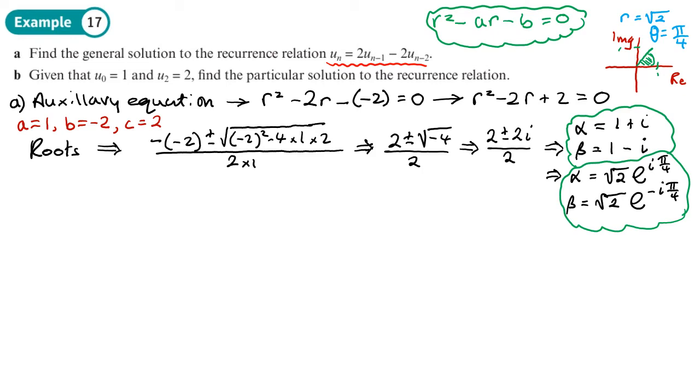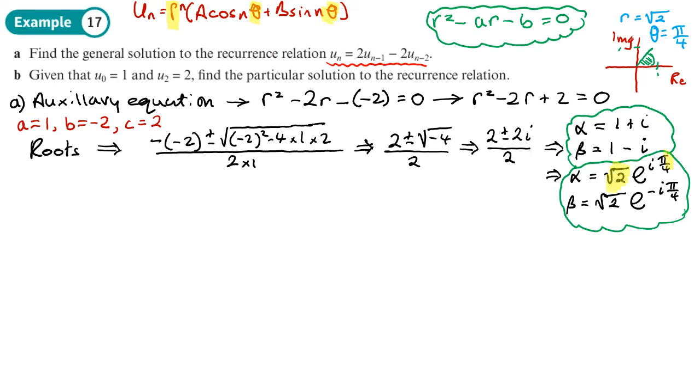Before we put our general solutions down, just a reminder of the two forms that we have if we have complex roots. One is this form, which uses the modulus and the argument like this. You can see the modulus here and the argument here, which we have.